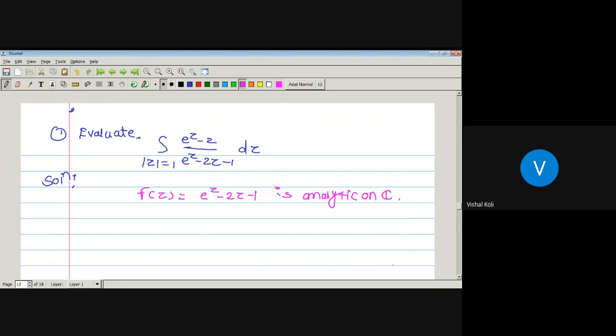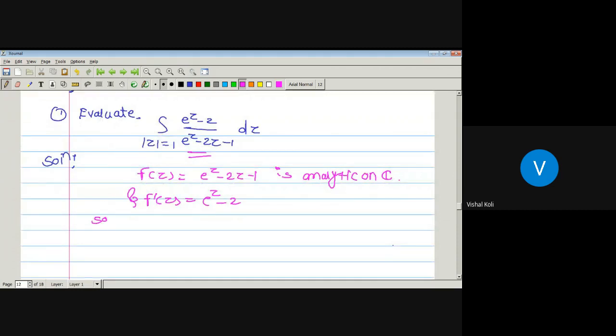As this one is analytic, it has no singularity. It means it has no pole, and f dash of z now becomes e to the power z, the derivative of e to the power z, minus 2, and the derivative of minus 1 will be 0. So here we get this one and we have to evaluate this integral. Now we can easily use our argument principle.